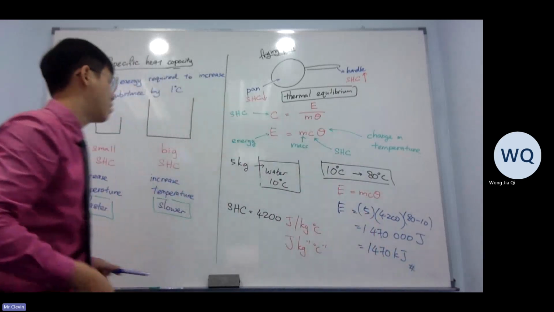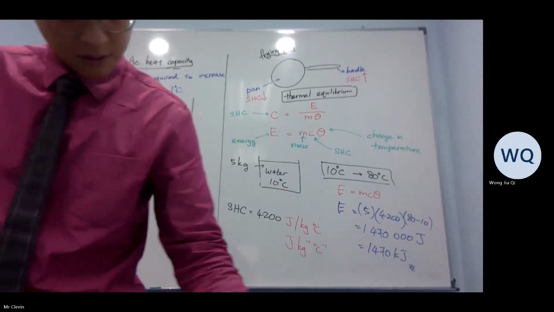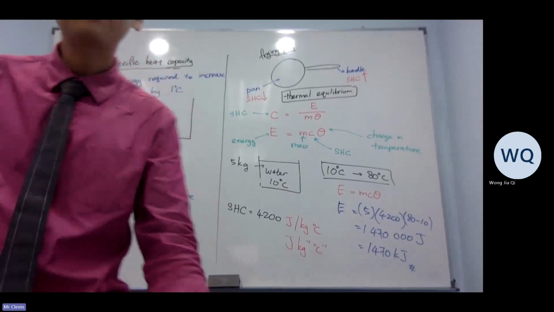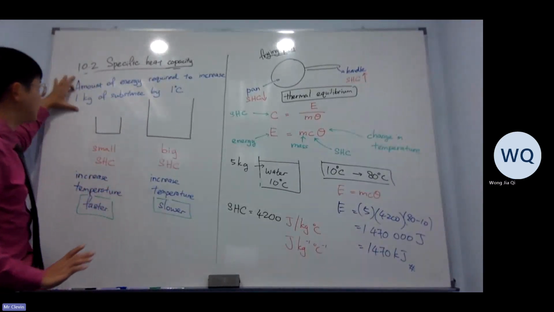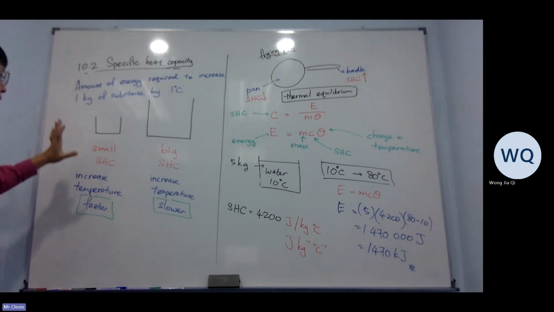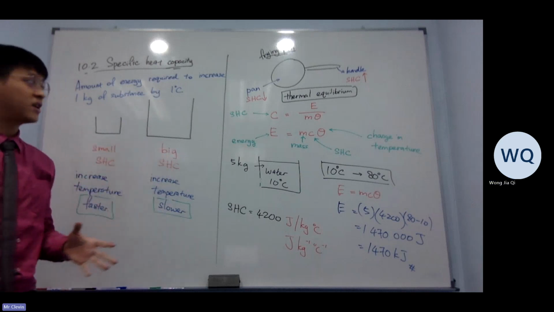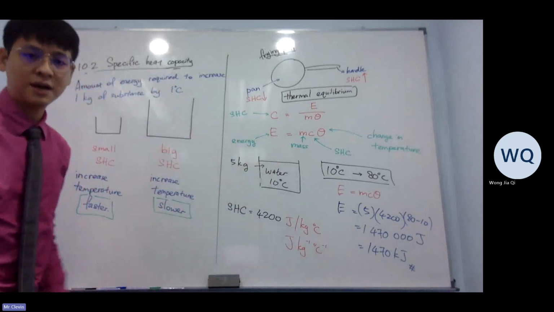That is how we do the specific heat capacity. Okay, that is the 10.2 that you need to know. There are important definitions you need to always remember, and then you need to understand the concept of specific heat capacity, and the formula is important. So these are the two. I will stop and yeah.